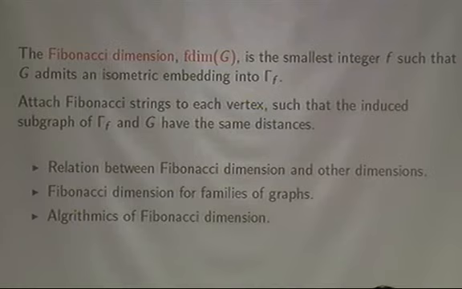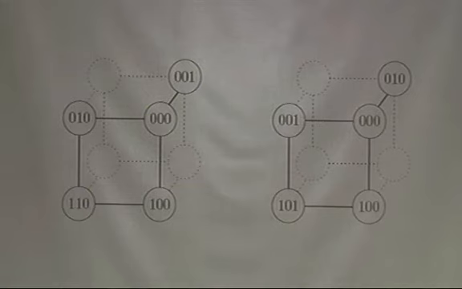So you say the induced subgraph of gamma f and G have the same distance. Perhaps you should measure the distance in gamma f, not in the induced subgraph. In the induced subgraph, because, okay, let me think. Let's say here a path of length 3, with 3 vertices.